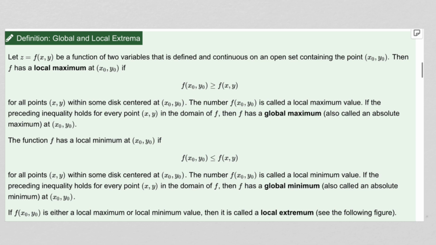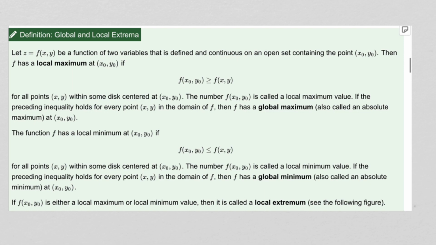Same thing with local maximums. You're looking for an area that's going up, positive, and turns from positive to negative. That'll be a local maximum, but then to find the global, you look for the highest area, and that will be your global.